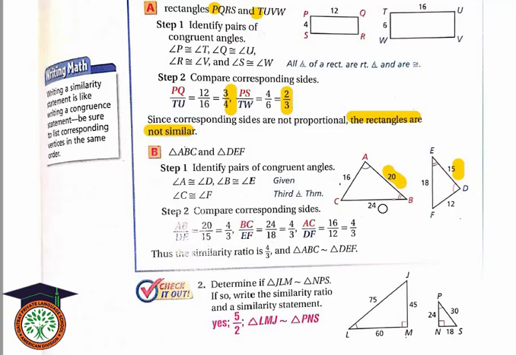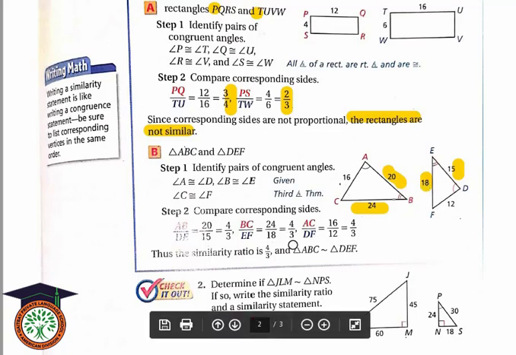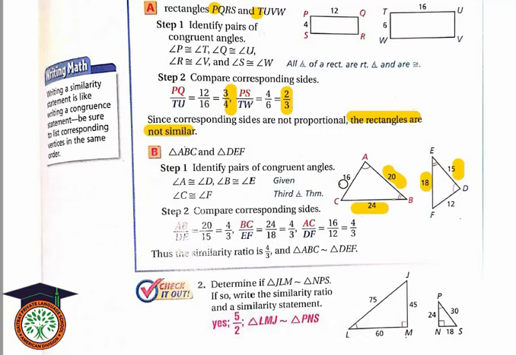Second side, BC and EF: 24 over 18, in the simplest form, 4 over 3. Third side, AC and DF. AC equals 16, DF equals 12. So 16 over 12, also in the simplest form equals 4 over 3.